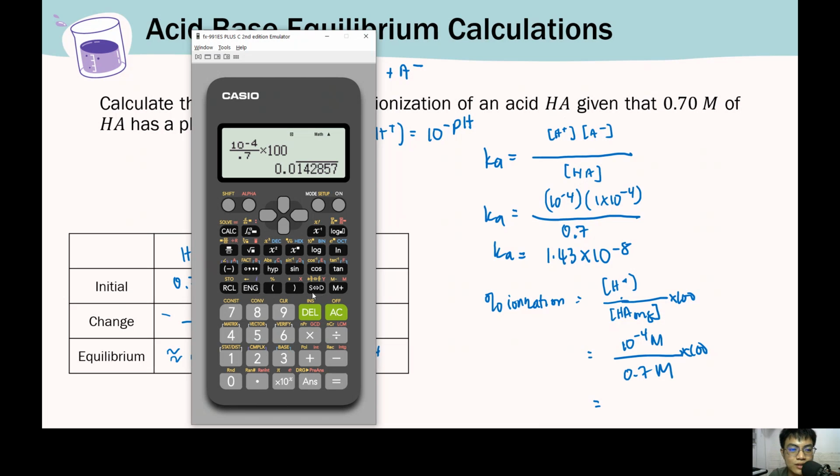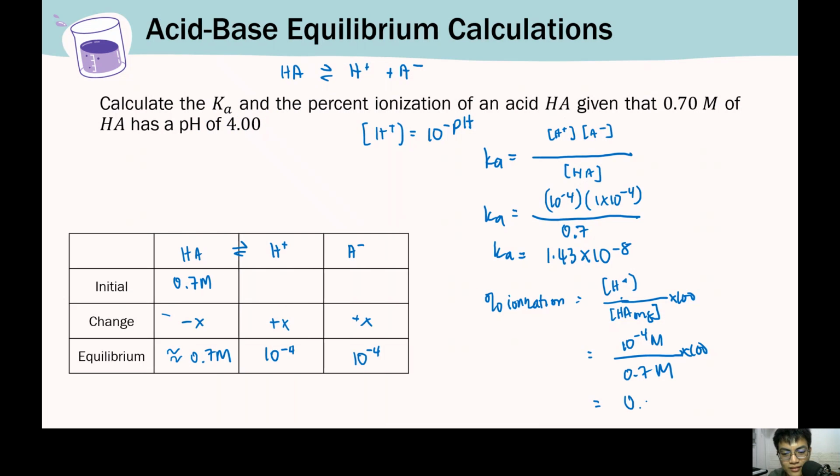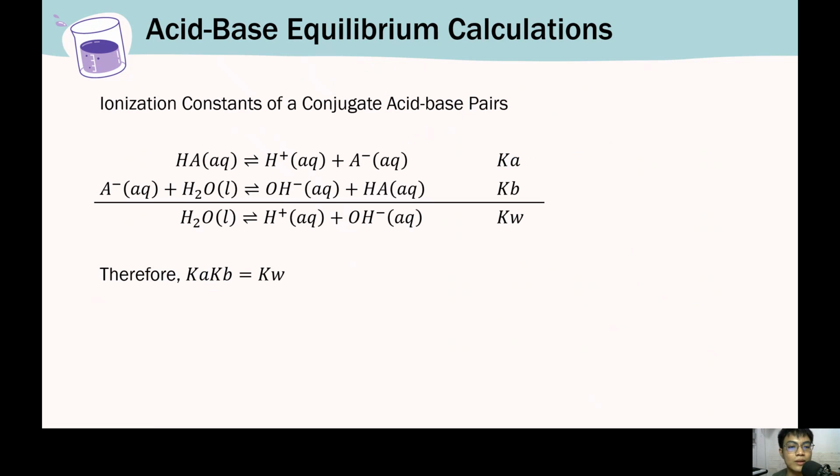The percent ionization is just that. Ang konti lang pala. 0.0142. Okay. So that's simple lang ang equilibrium problems.